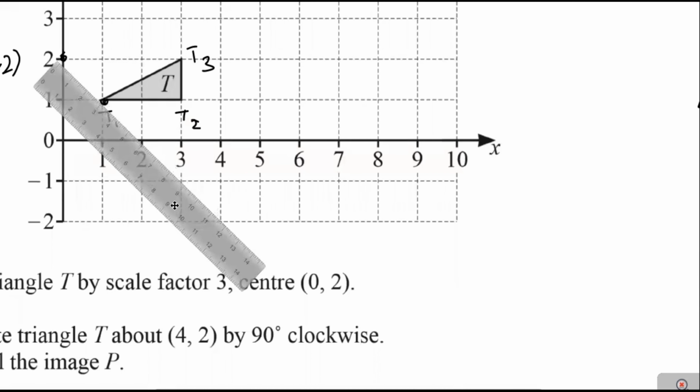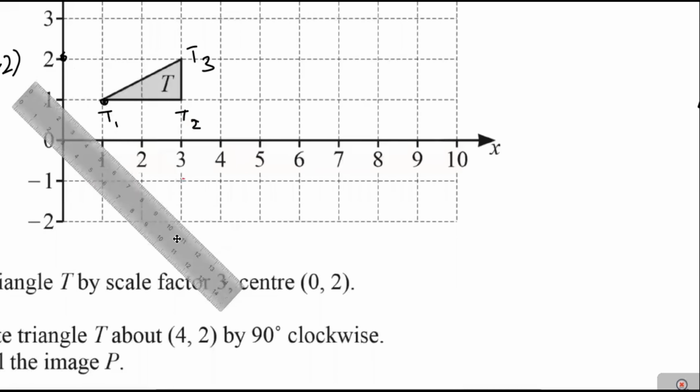That is 9. The distance from E to T1 is 3. Therefore, the total distance of 3 times 3 is 9. This is the point. We mark this point. Now this point is T1 dash.